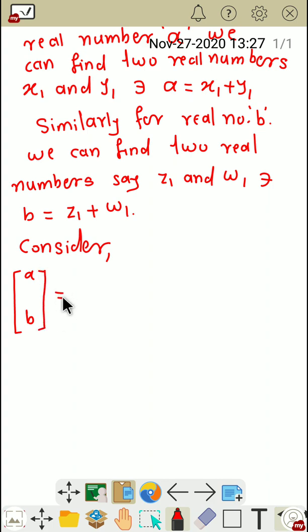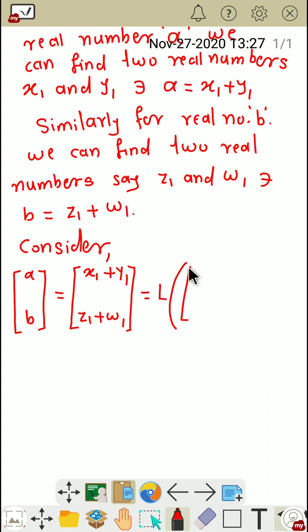That column vector is nothing but a is x1 plus y1 and b is z1 plus w1, as we have seen above. And by definition of a linear transformation, it is nothing but the image of the vector (x1, y1, z1, w1).